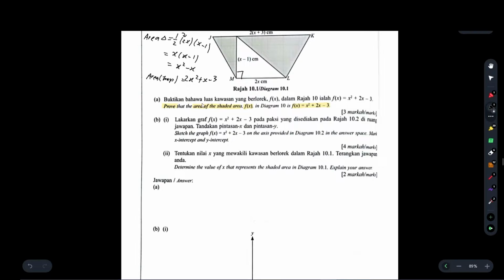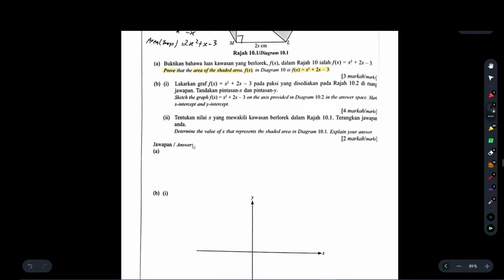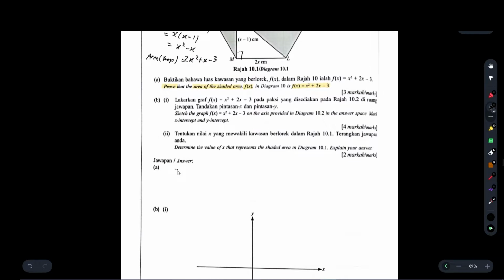Now we're going to subtract the area of the triangle from the area of the trapezium. So it goes like 2s squared plus s minus 3 minus (s squared minus s). We throw this negative sign to each of them, and we will have 2s squared plus s minus 3 minus s squared plus s.